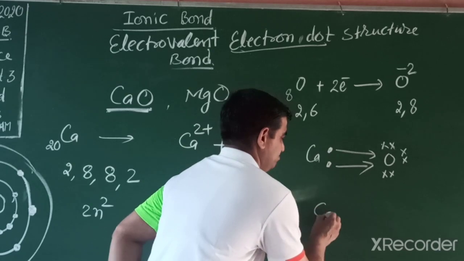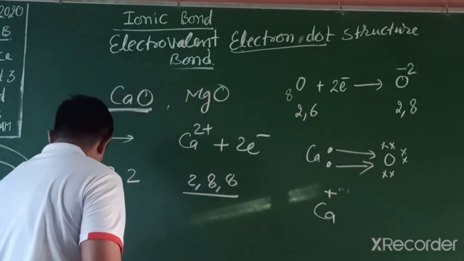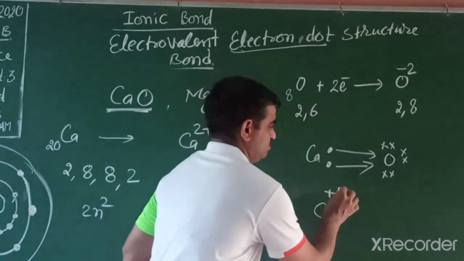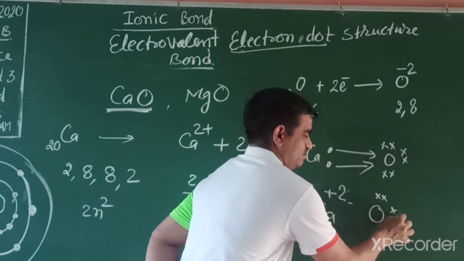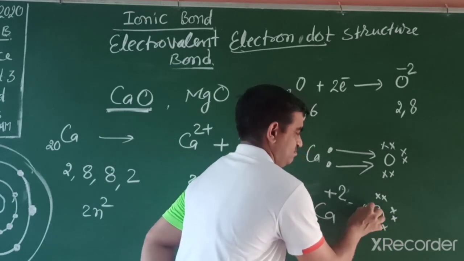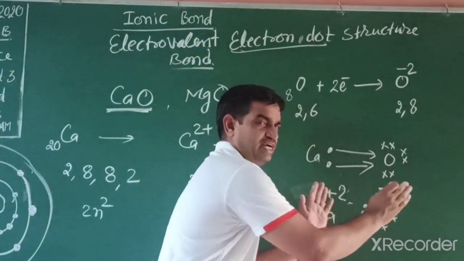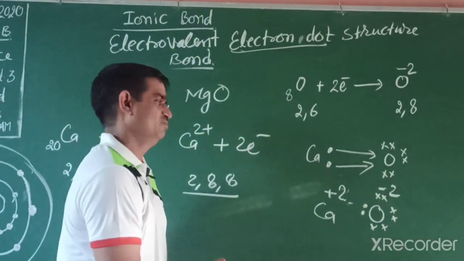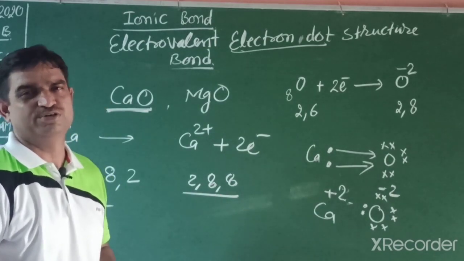So calcium gets a positive charge and oxygen becomes negatively charged. Between the calcium and oxide ions there is a strong force, due to which they have very high melting and boiling points.